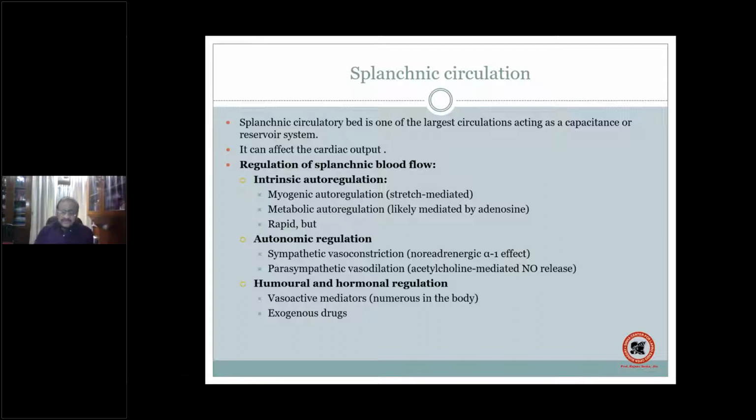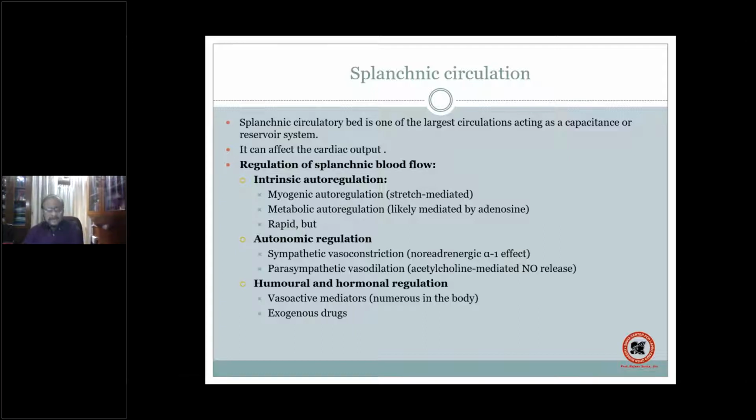Now, regulation of splanchnic blood flow is important. Why? Because that has a major effect on the cardiac return and ultimately the cardiac output. And what regulates the splanchnic blood flow? Number one, the intrinsic autoregulation, which could be myogenic autoregulation, mediated by the bowel wall muscles, which is stretch mediated. Metabolic autoregulation, basically by the metabolic products which are produced, namely lactic acid and so forth.